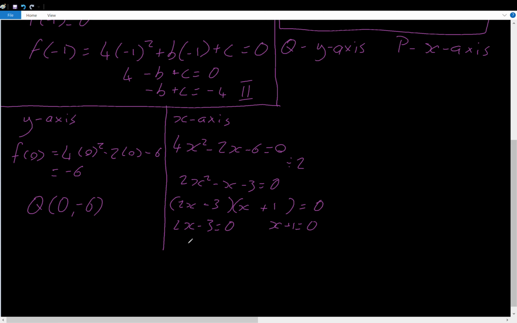So from this one here, we're going to get x equals 3 halves, and from this one we're going to get x equals -1. So we get the point (3/2, 0), and we get the point (-1, 0). We were already told about the point (-1, 0), which means that (3/2, 0) is our point P over here.